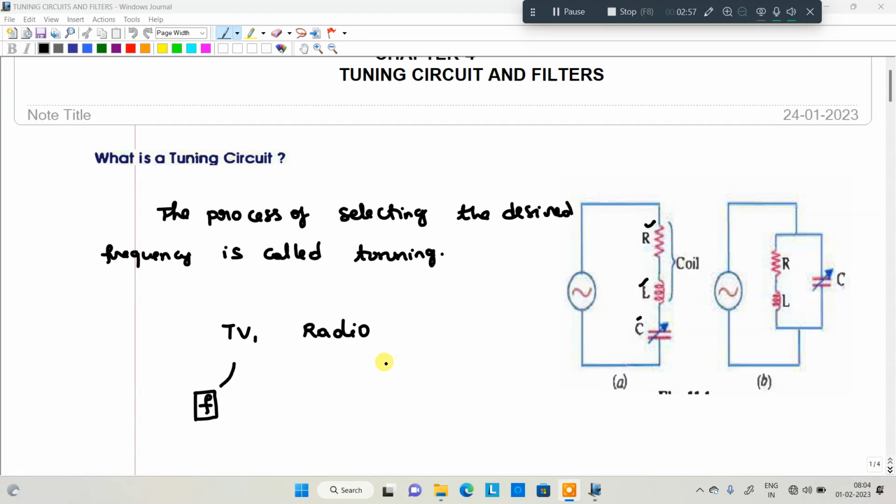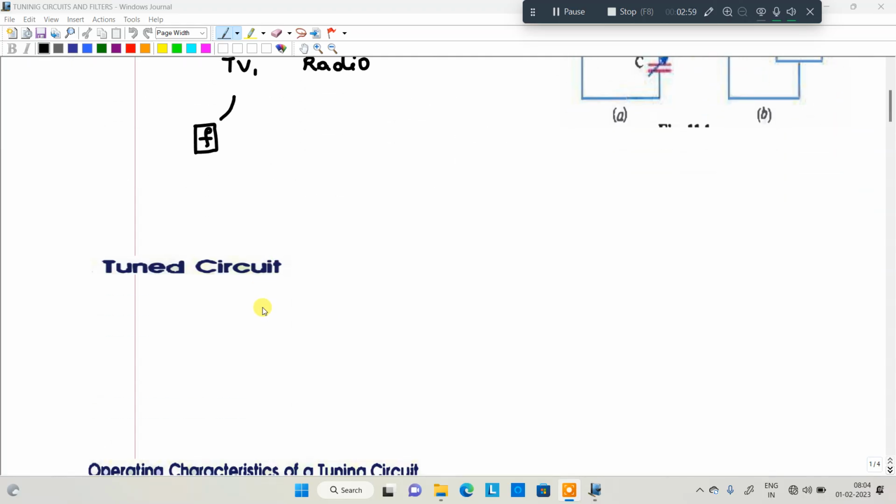Now we are going to the tuned circuit. What is meant by a tuned circuit?